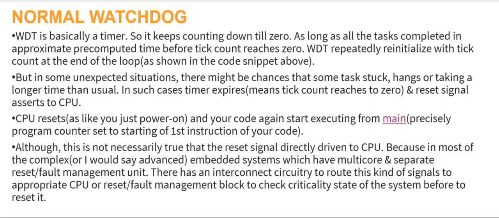This one is normal WatchDog. It is basically a timer, so it keeps counting down till 0. As long as all the tasks are completed in approximate pre-computed time before the tick count reaches 0, the WatchDog repeatedly reinitializes the tick counter at the end of the loop.